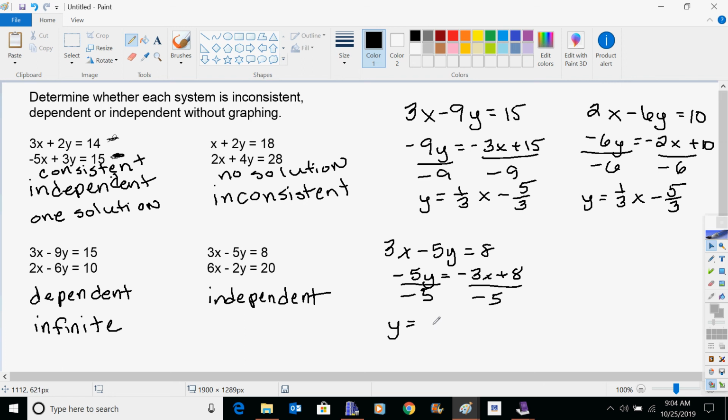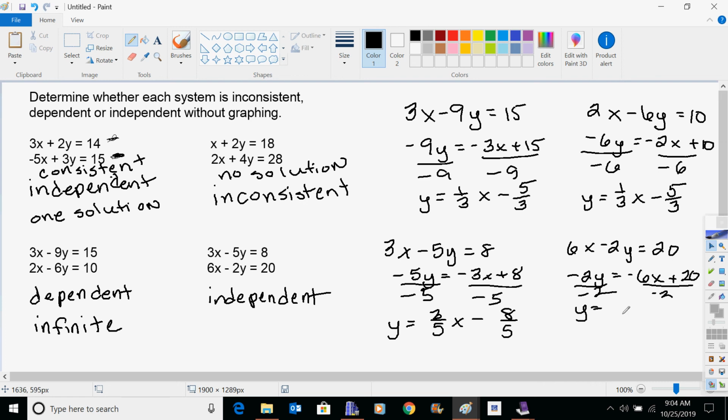So y equals 3/5 x minus 8/5. And then the other one, 6x minus 2y equals 20. Negative 2y equals negative 6x plus 20. y equals positive 3x minus 10. Slopes are completely unrelated, so independent.